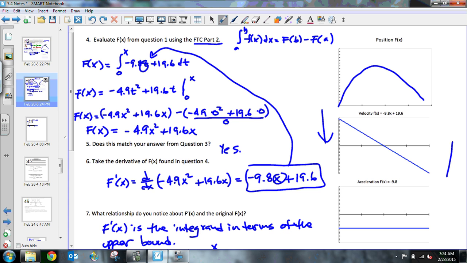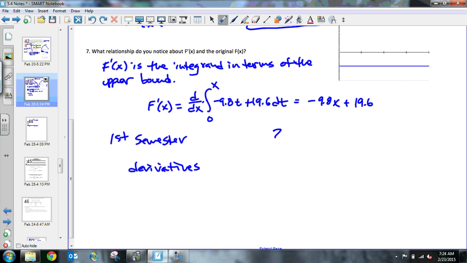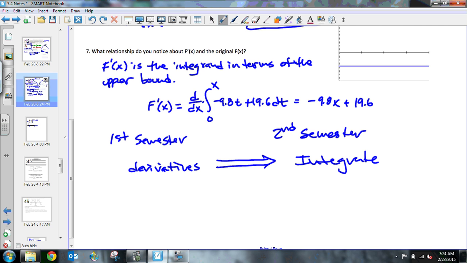Now we're integrating and going the other way. Second semester, we integrate. What the Fundamental Theorem of Calculus does is provide a connection between the two: derivatives and integrals are related.